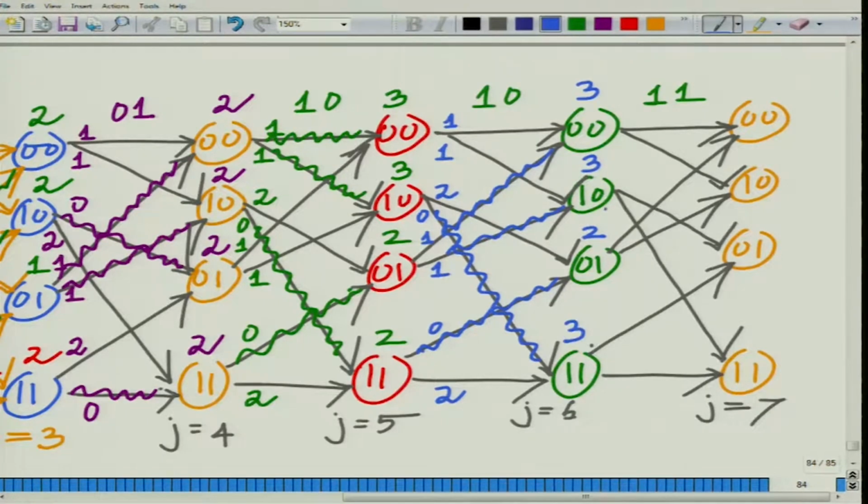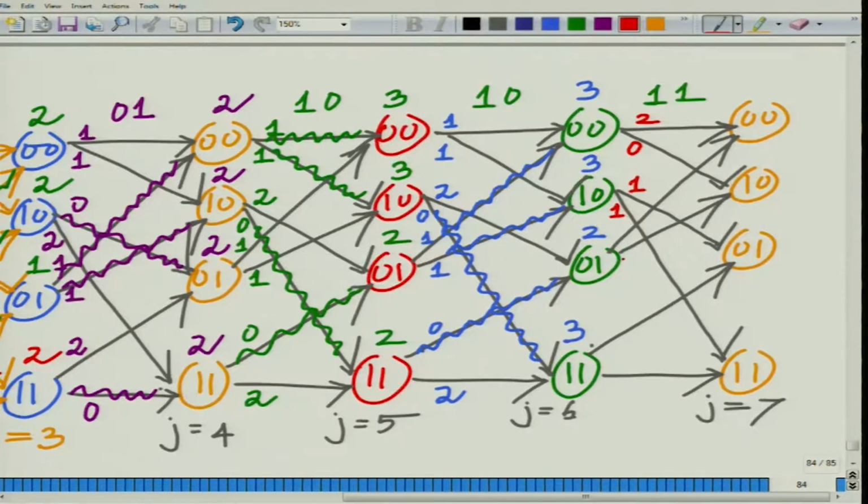So we have 3 3 2 3, and in the final stage, the branch matrix are going to be, the top branch 0 0 to 0 0, that is 0 0. So the Hamming distance is 2 0, again 1 1, 2 0 1 1.